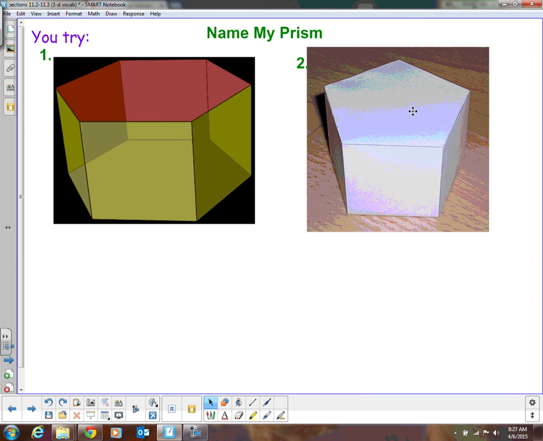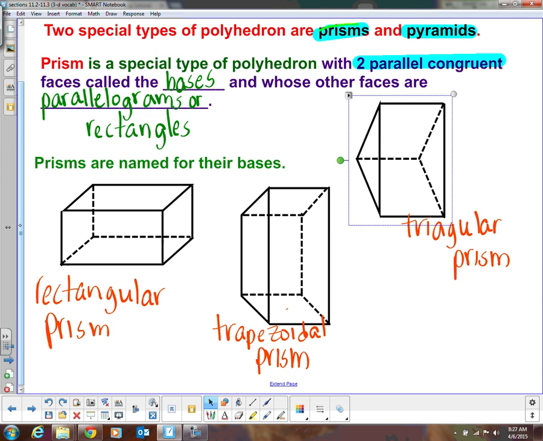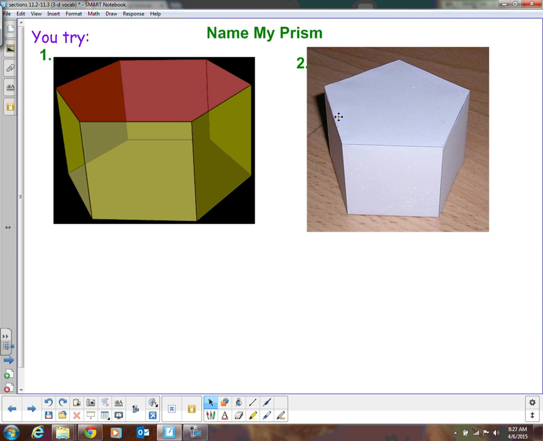All right, what do you think this is called? What is this one called? Hexagonal?